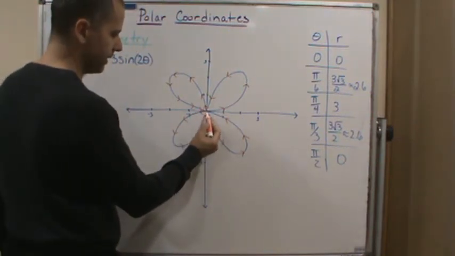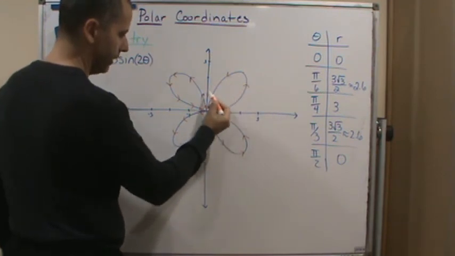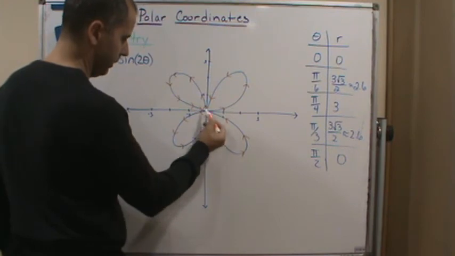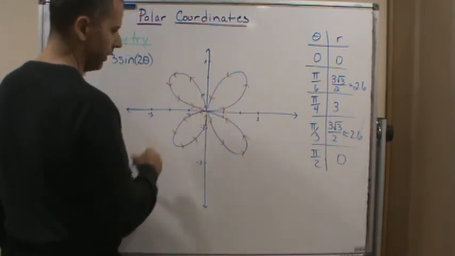So it's going to trace it going up this way, and then go here, and here, and there.